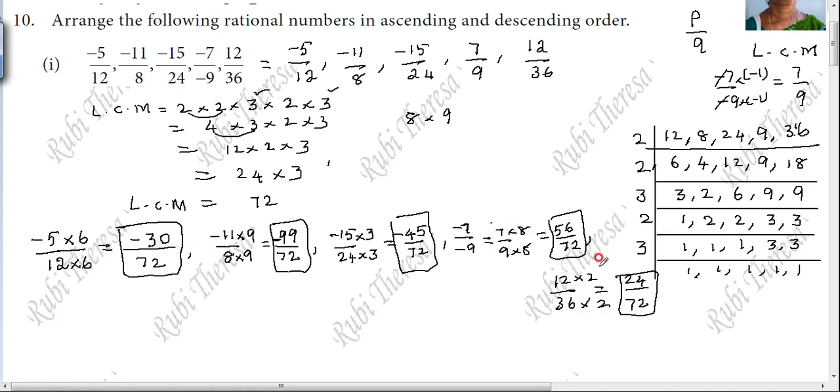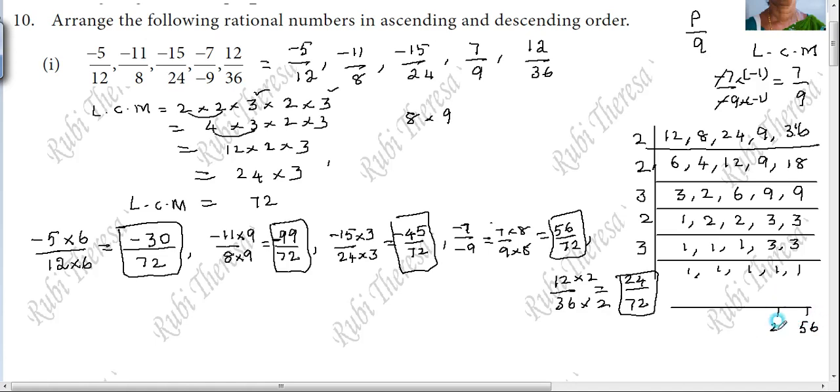That means while you are comparing positive and negative, negative number is the smaller number. That you know. Similarly here you will know 24 is smaller, isn't it? Understand? So here what will come? 56. Mark it on the number line and see.